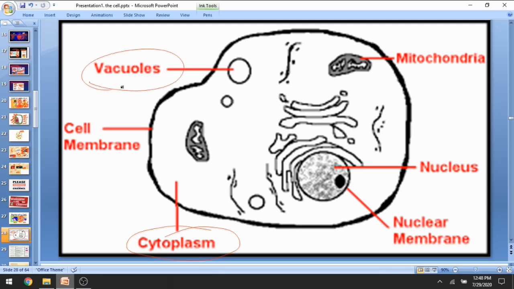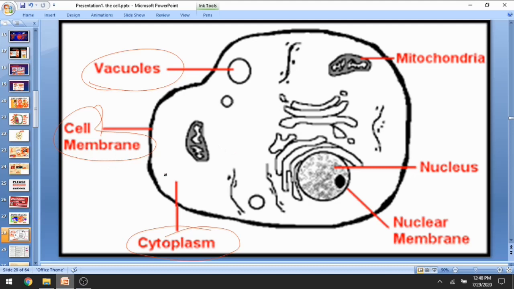Vacuoles, these are air-sac-like organelles. The outer boundary of the cell, giving shape to the cell and responsible for transport of material and exchange of gases as well, is the cell membrane.